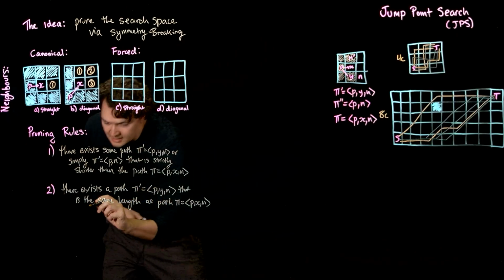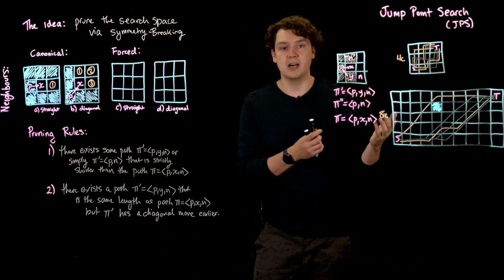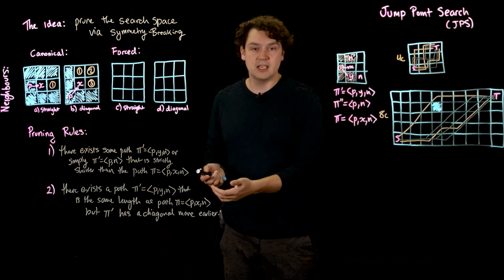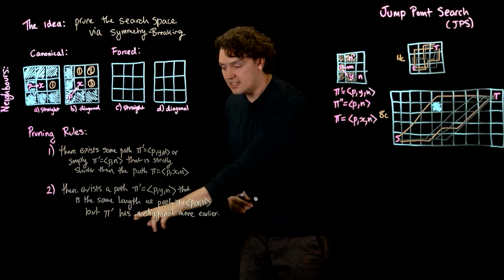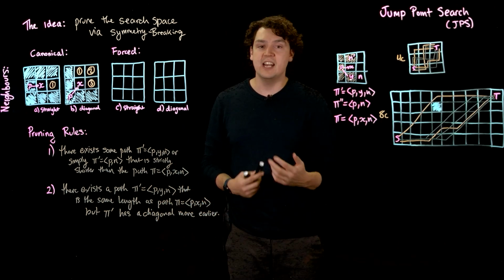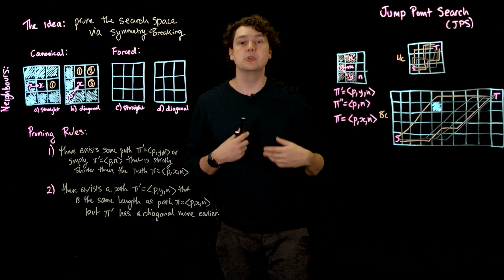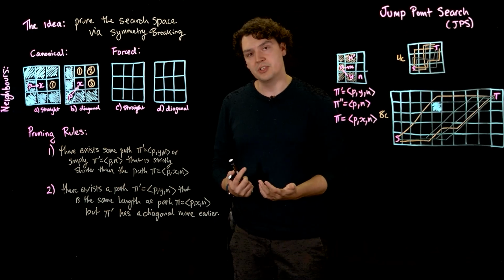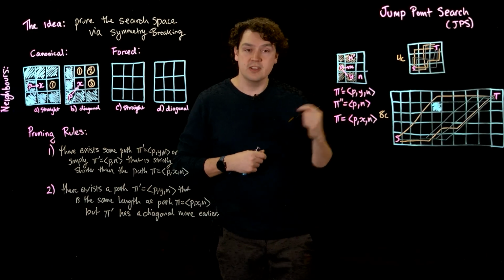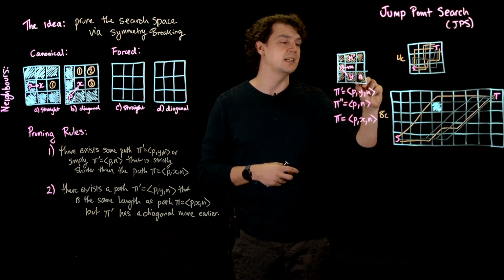So this essentially means anytime there is an equivalent cost path, but we are aware that there must exist some symmetric equivalent to this path that has a diagonal move earlier than our current path, well, we are going to prune it, right? We're enforcing this symmetry breaking onto the problem, and we can prune these additional locations from our considered search space.